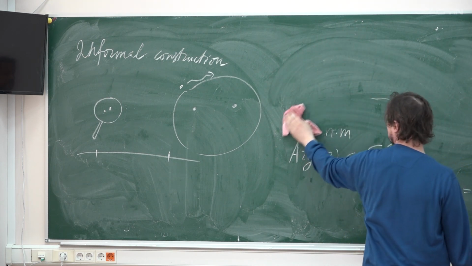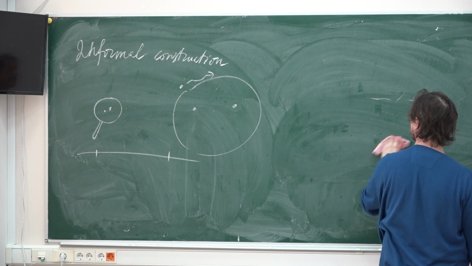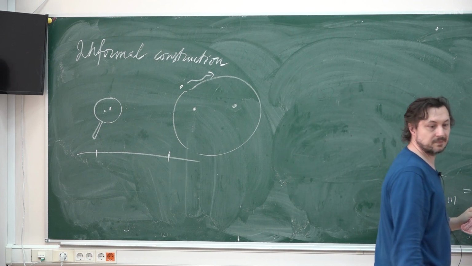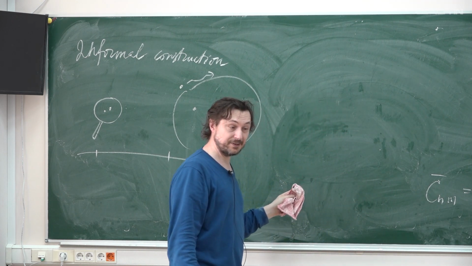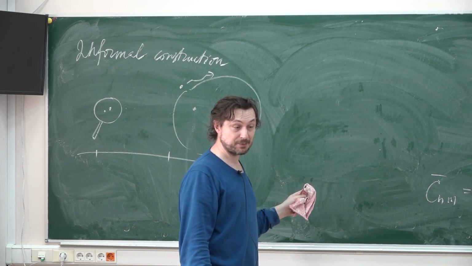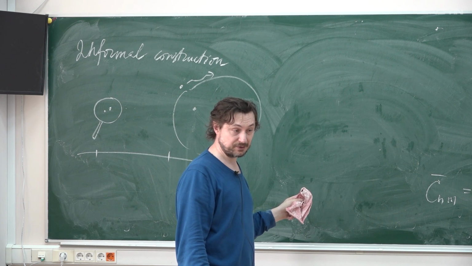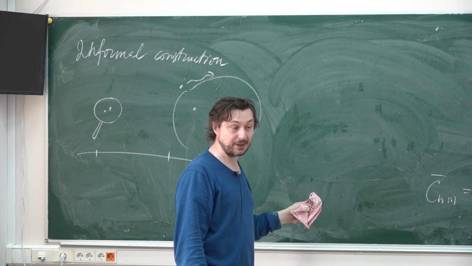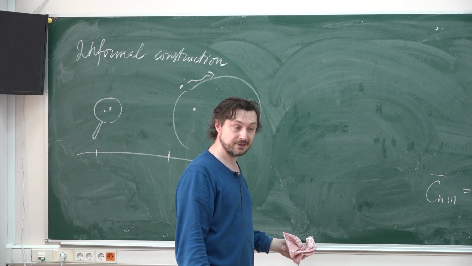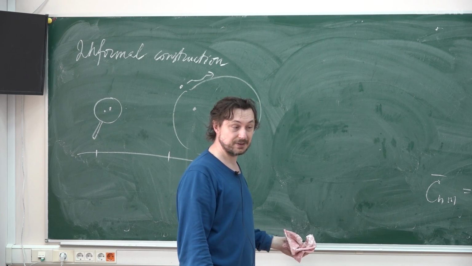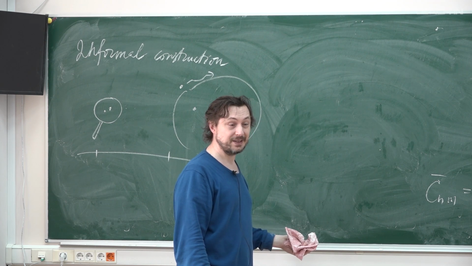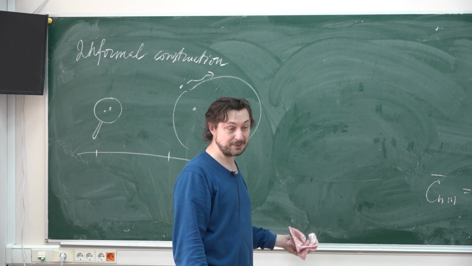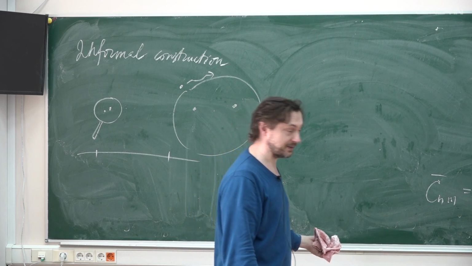How did we compactify this space? I told you that I just considered this embedding of C and M into the product of circles, and then you take the closure. If you take a closed subset in a compact space, it is compact automatically.